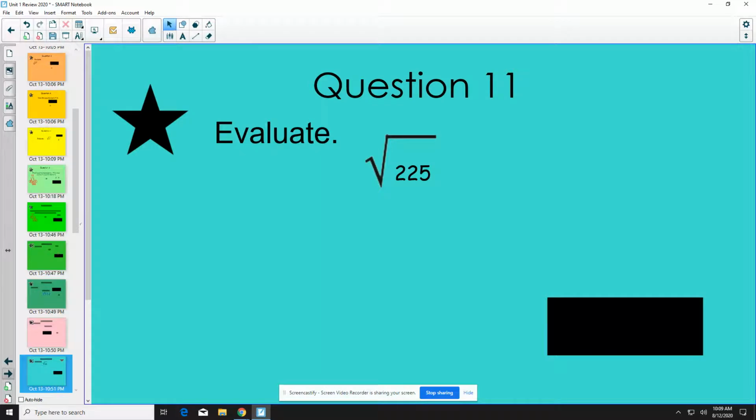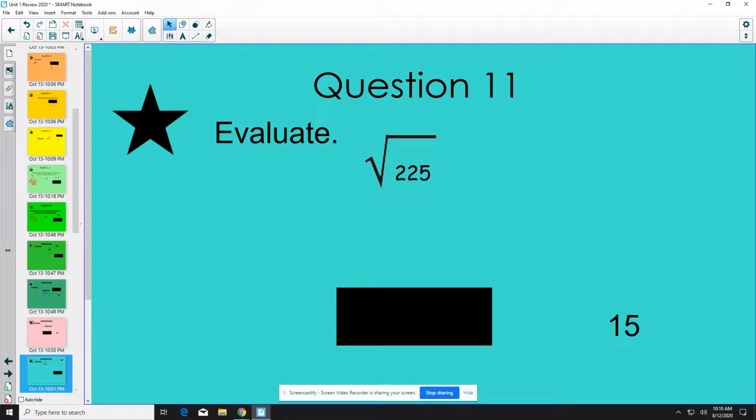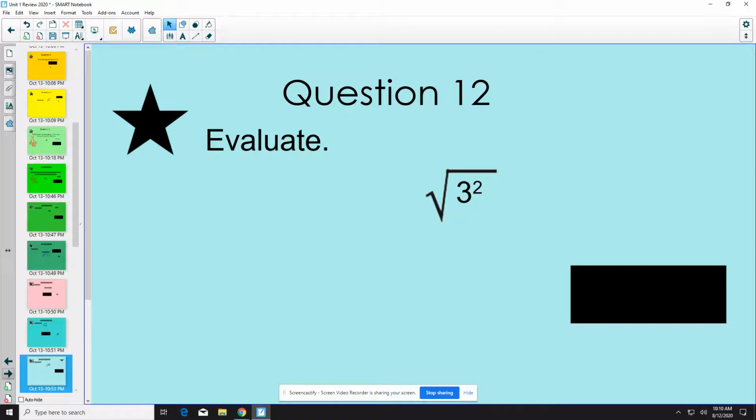Number 11, find the square root of 225. You may use your multiplication table. Okay, what number times itself gives you 225? That would be 15.